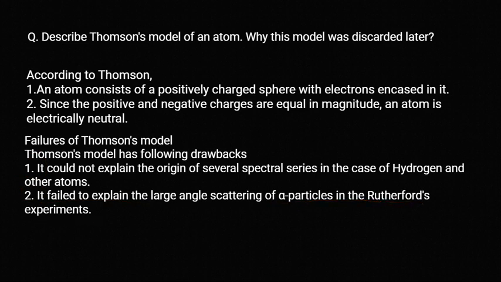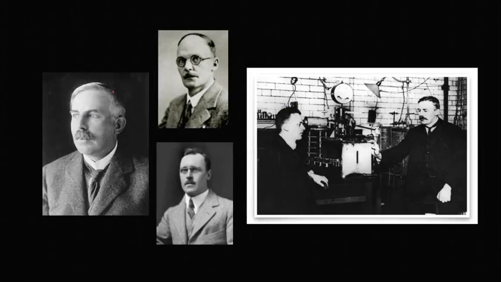So after this failure of Thomson's model, Rutherford, along with his two PhD students, Hans Geiger and Ernest Marsden, worked on a model of the atom using an experiment known as the alpha scattering experiment.